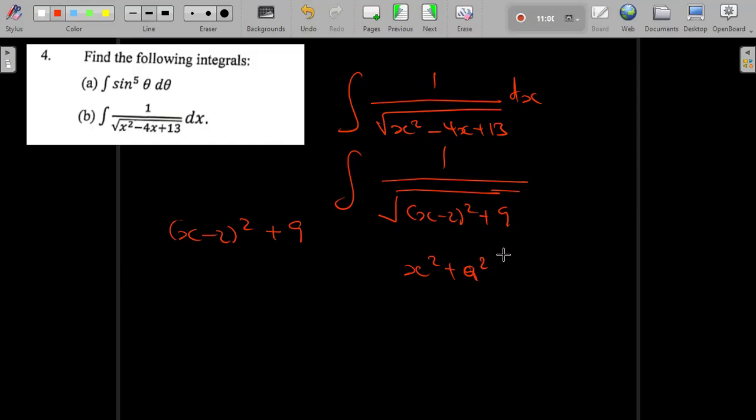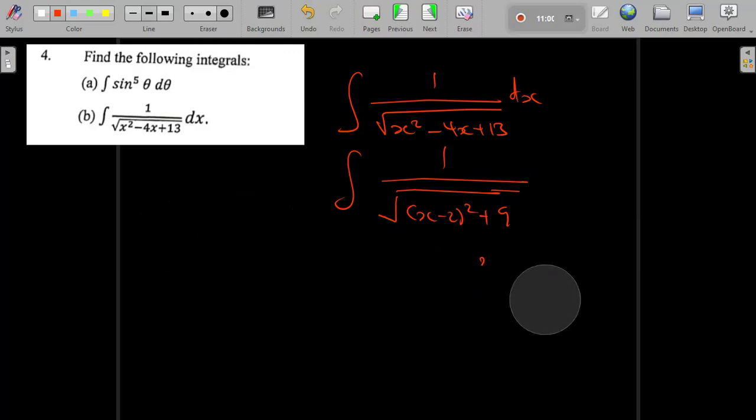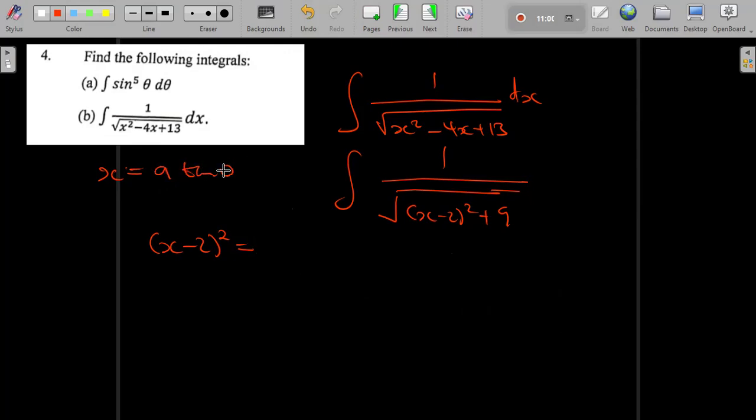Always when I have such, I'm going to let my x be equal to tan. That way I can easily use the trig substitution. So the standard is letting x be equal to a tan theta, like that.